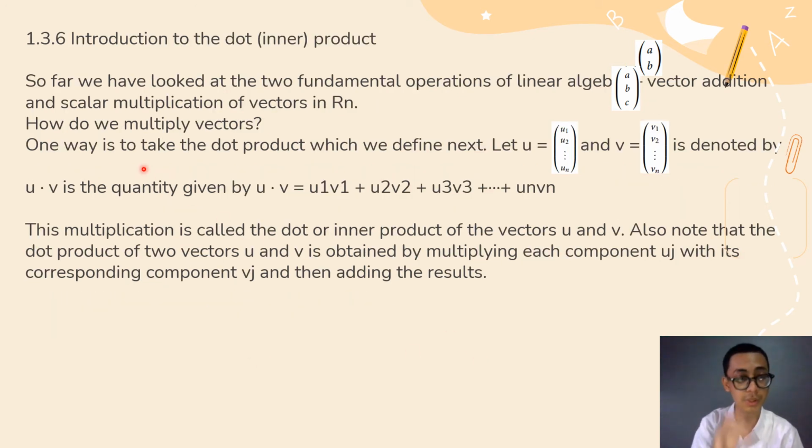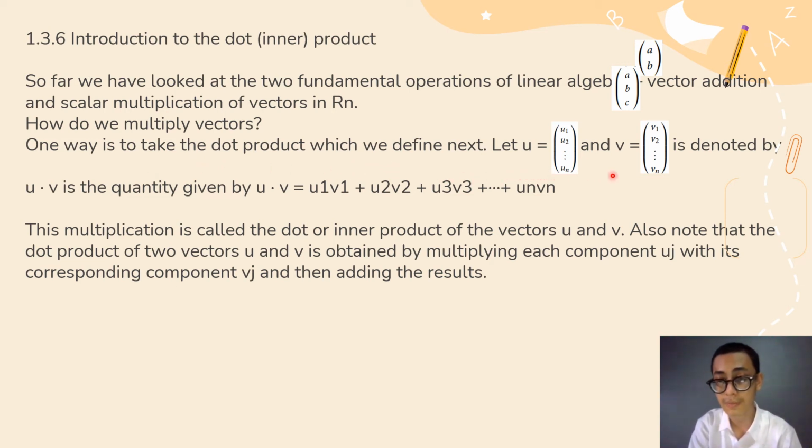Next, 1.3.6 Introduction to the dot, or inner, product. So far we have looked at two fundamental operations of linear algebra: vector addition and scalar multiplication of vectors in Rn. How do we multiply vectors? One way is to take a dot product, which we define next.